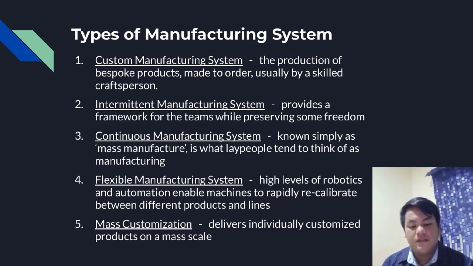Flexible manufacturing system. Flexible manufacturing has the same batch quantities as intermittent manufacturing but with less reliance on skilled labor. A high level of robotics and automation enables machines to reset and recalibrate between different products and lines.